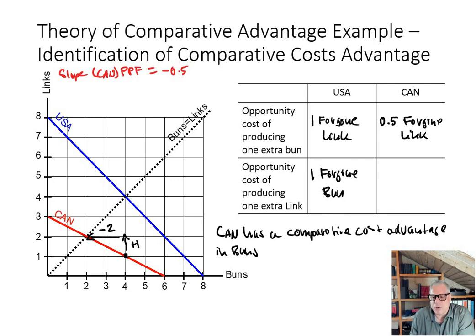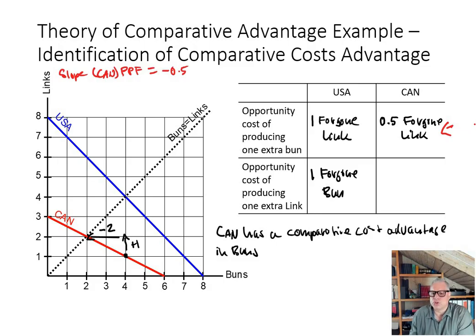So this -0.5 tells you if Canada wants to produce 1 extra bun, it has to give up half a link. This is what you see here. Okay, but if we take the inverse and we ask what is the opportunity cost of producing 1 extra link, then it is the inverse of the slope, so it would be -2.